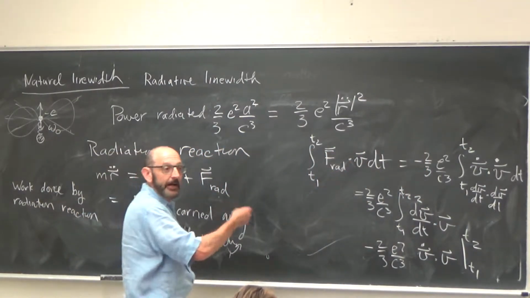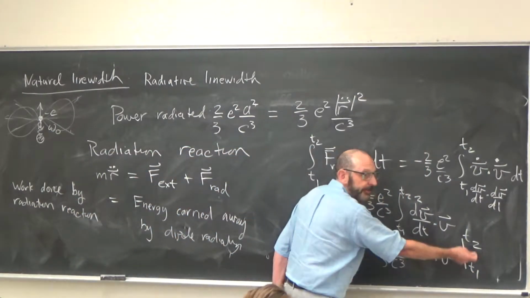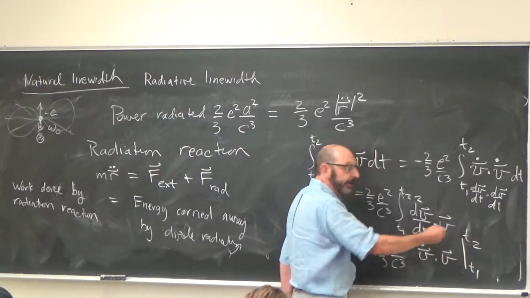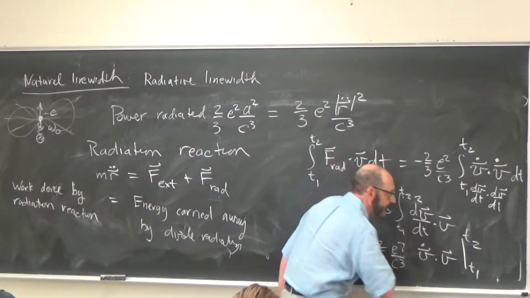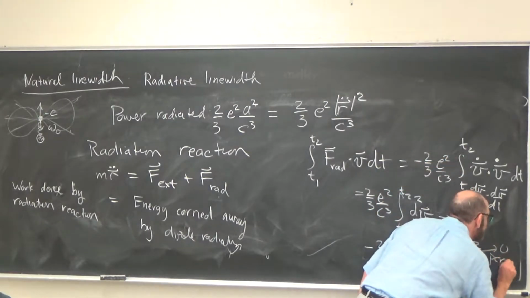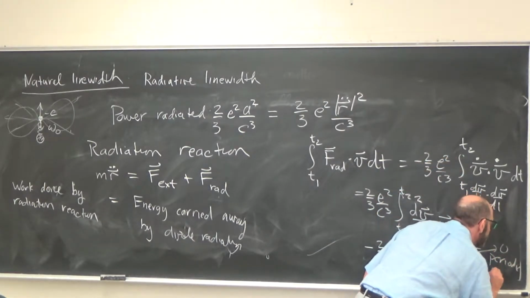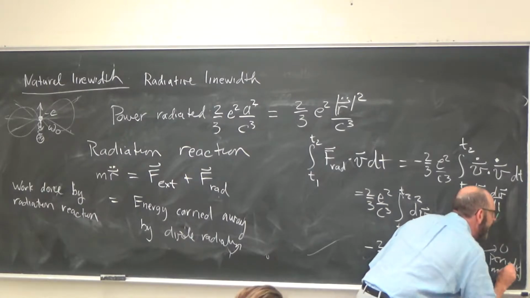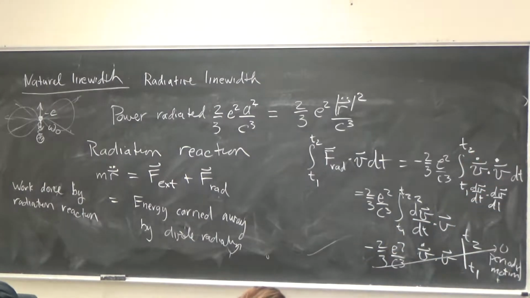And if it's periodic, then this is the same at both endpoints. Okay? So for either of those cases, the surface term is 0. Let's focus on that particular case of periodic motion, because that's what we're most interested in.